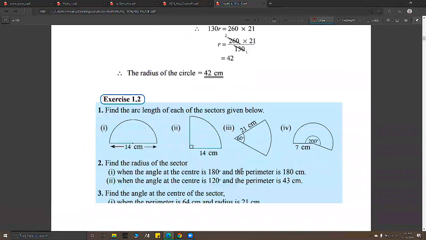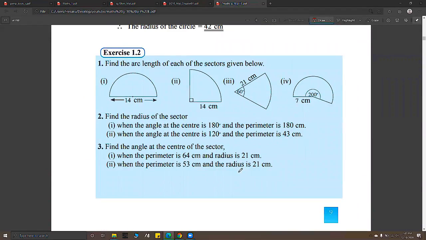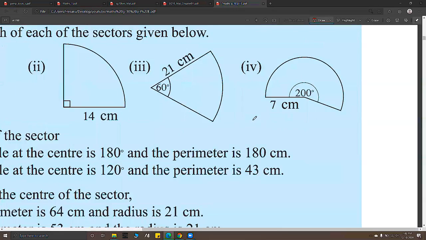Example 2 is also the same. So you can go through this. Find the arc length of each of the sectors given below. You have to find the arc length first. I'll do it for the fourth one. It's 2 pi r.